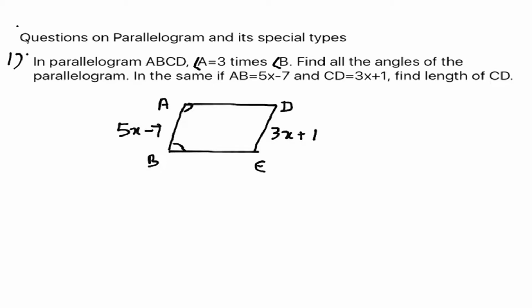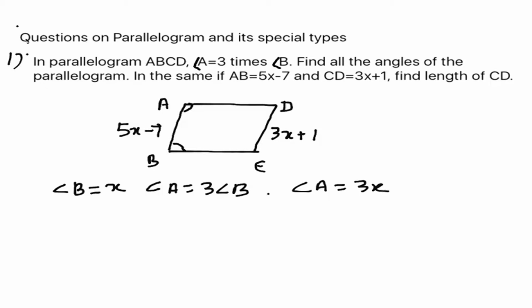Now in this, let angle B be equal to x, as we don't know how much it is. Angle A is 3 times angle B, so we can replace angle B with x. So we can write angle A is equal to 3x, right?